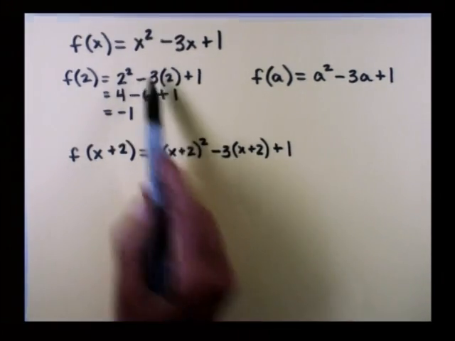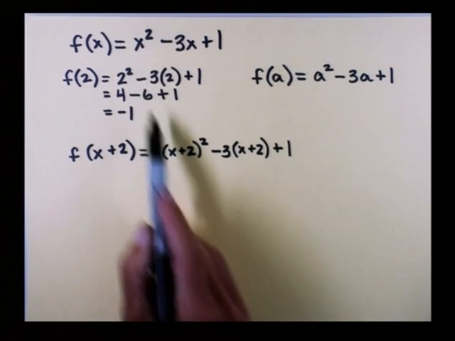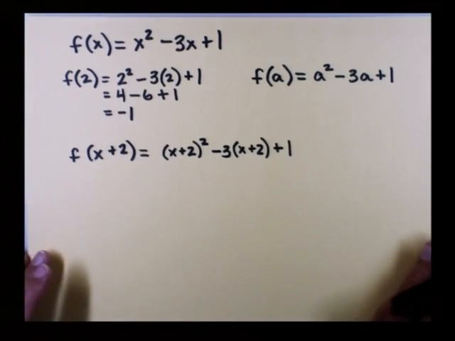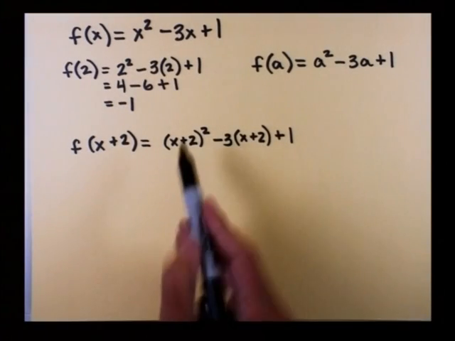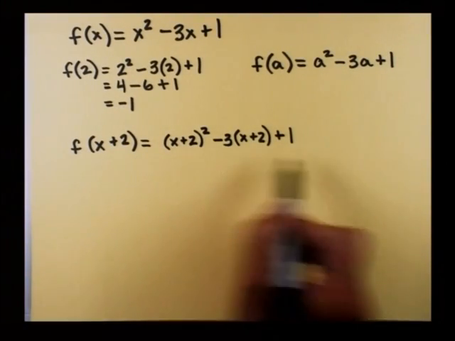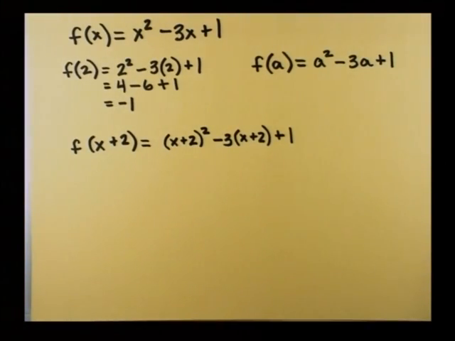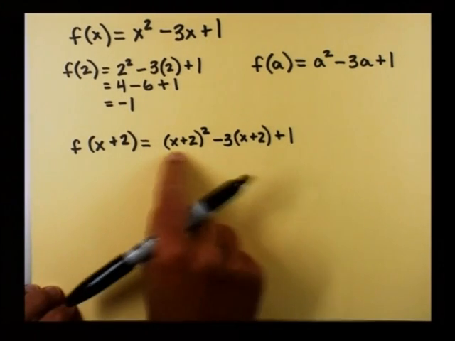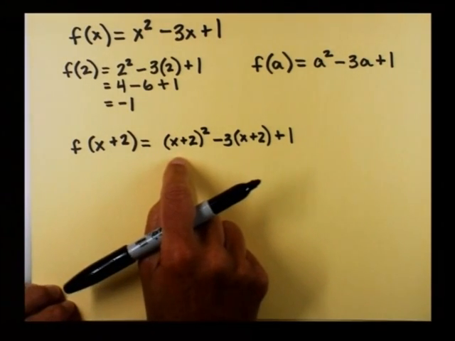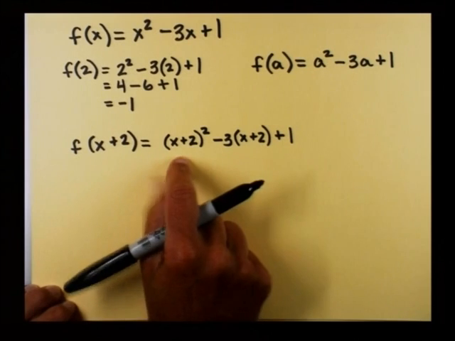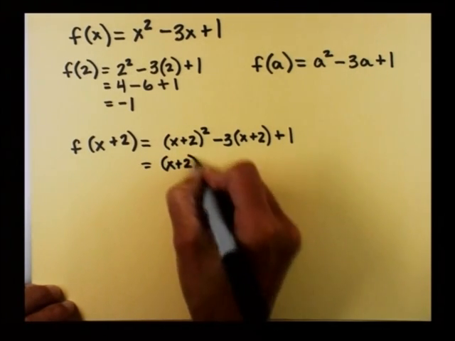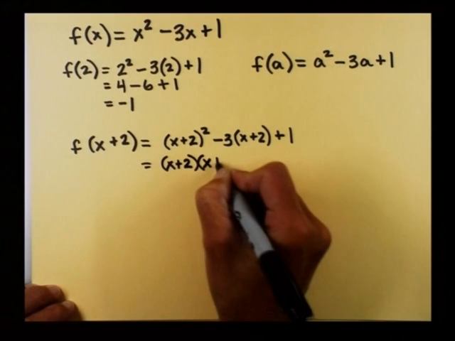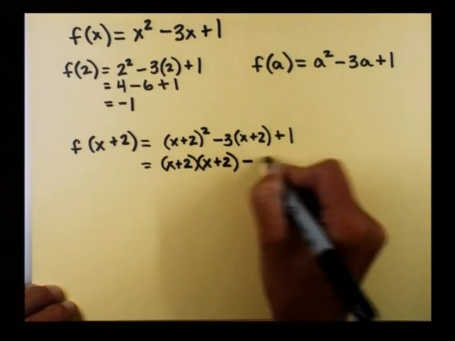So that every place there was an x, I'm replacing it with the x plus 2 in this example. Now, in dealing with these, now we have to evaluate it. In dealing with these, please be careful with your squares here. This isn't x squared plus 4. I'm going to be a little more detailed just so that everybody remembers this.